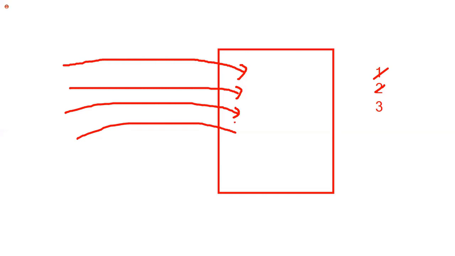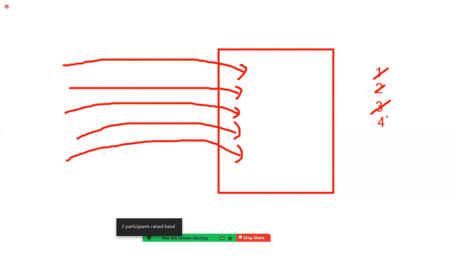One more, four. One more, five. This user is removed, disconnected. Now it will become four. This user disconnected. Now three. How many users are there at present? That count I want to display.